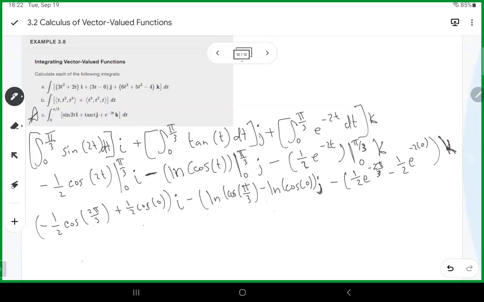Alright. Then that works out to be 1/4 plus 1/2 i minus the ln of 2 j minus 1/2 e to negative 2 pi over 3 minus 1/2. Okay.